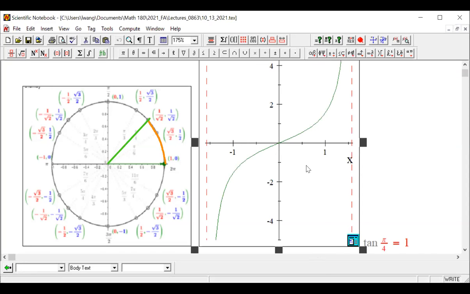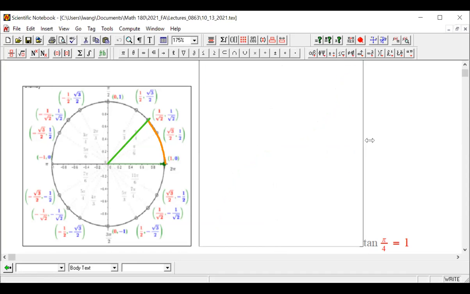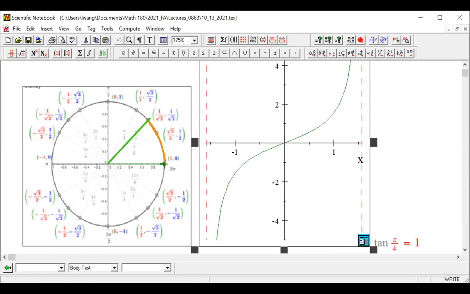Okay, so that arc length, as long as it is, will be measured over there. So this orange is the same as the arc length, and the ratio 1, we're using purple.